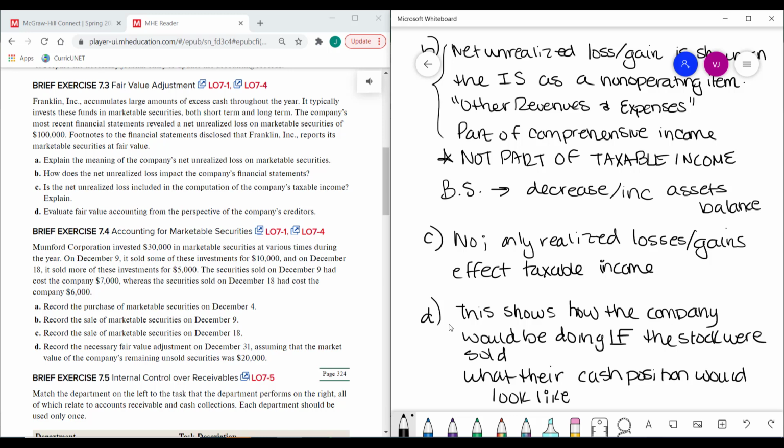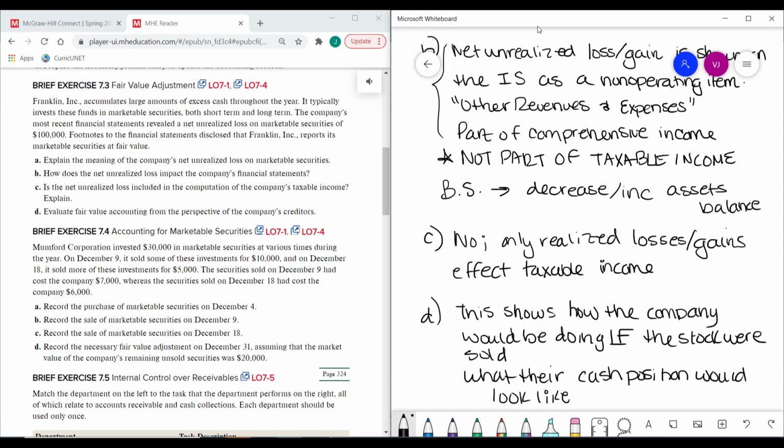So from a creditor's perspective, this gives them the if scenario, right? If all the stock were sold, what would the company's situation look like? Would they still be liquid? Would they still be in a position to pay their debts that would be coming due? Okay, so that's one of the main reasons for including this unrealized gain or loss in the income statement in that period.